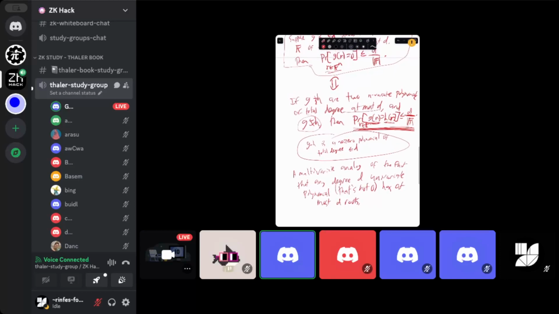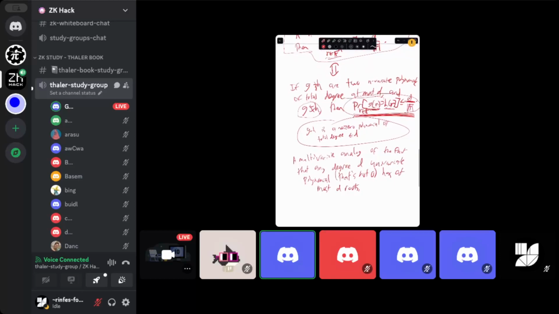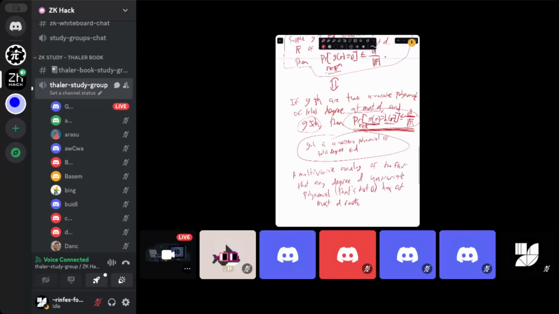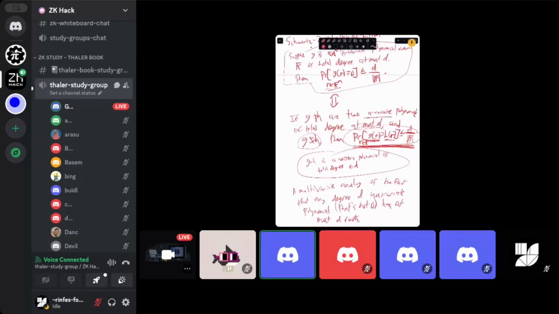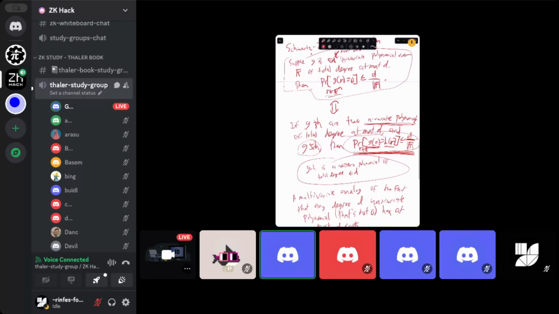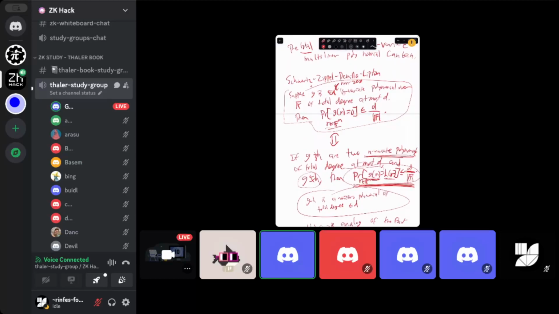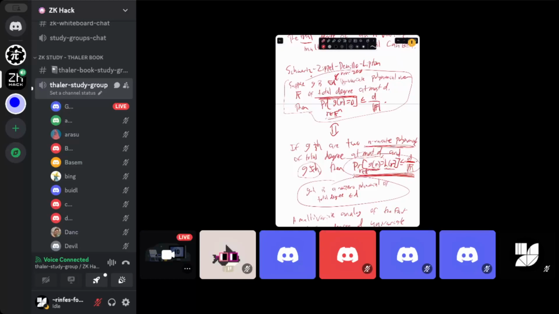If n was 1, this statement would be equivalent to the fact that a univariate polynomial of degree at most d that's not the zero polynomial has at most d roots. So you should think of this as a generalization from univariate to multivariate of that basic fact. And when you start talking about multivariate polynomials, the relevant notion of degree as far as Schwartz-Zippel is concerned is the total degree. Okay, so that's Schwartz-Zippel.